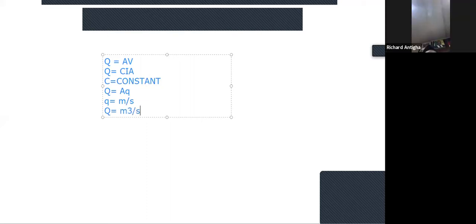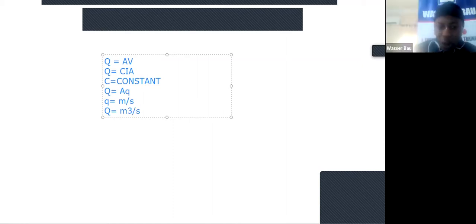But here, this small q is different from the big Q, because this q, the unit will be in meters per second. So I'm taking us back to the school days. But this big Q is in meter cube, take note, meter cube per second, because area is already in meter square.